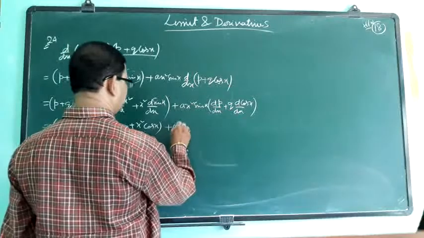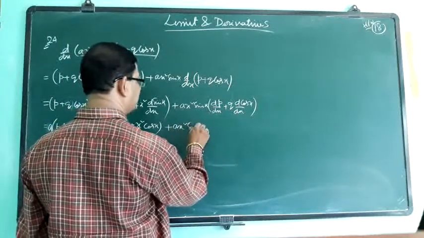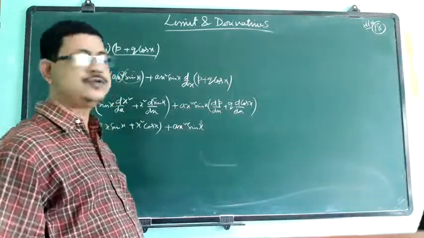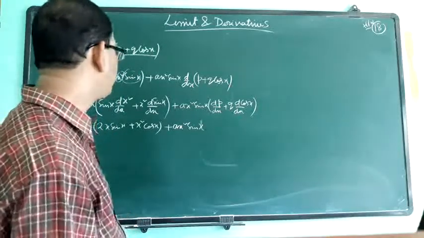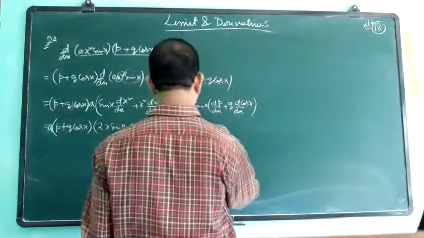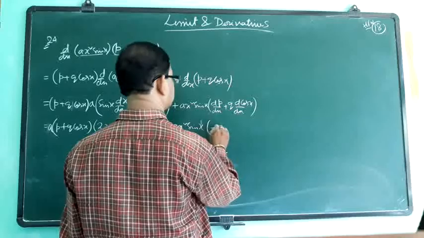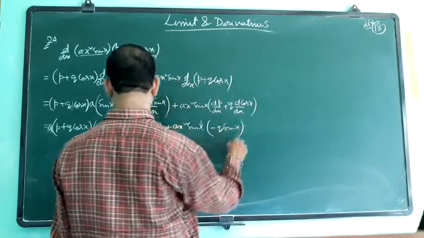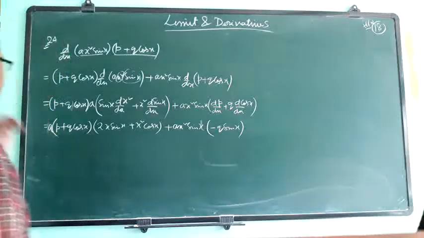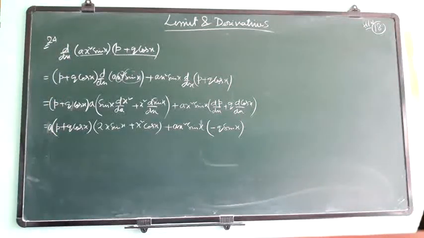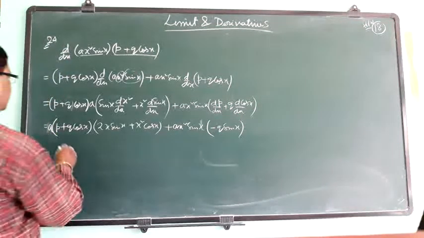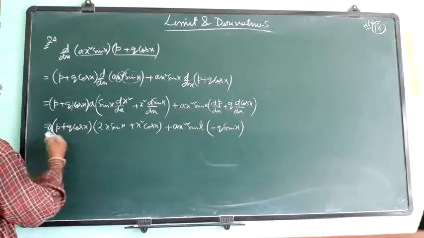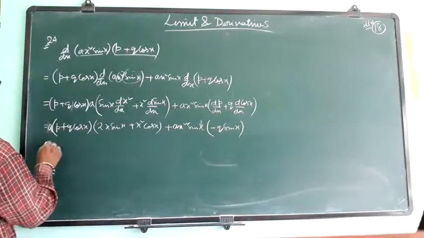Now here ax square sin x; differentiation of p is a constant, so of course it is 0, and cos x is what? Minus q sin x. So that is our answer. A little simplification you can do by multiplying, or you can keep it like this also.